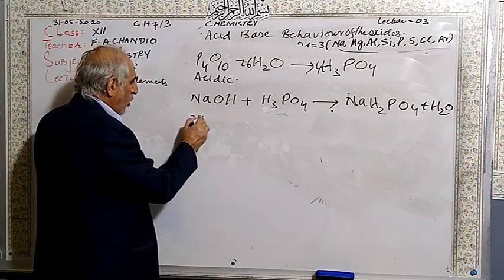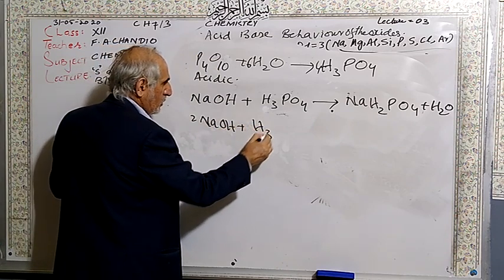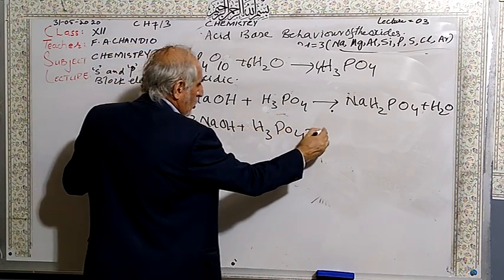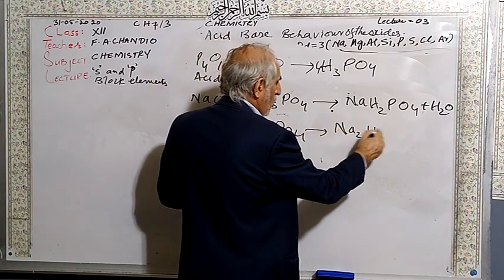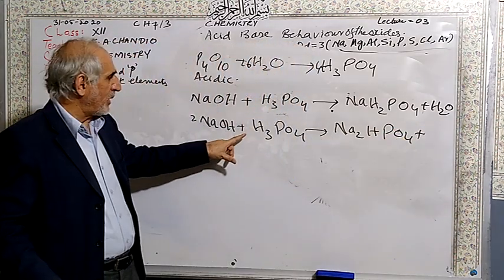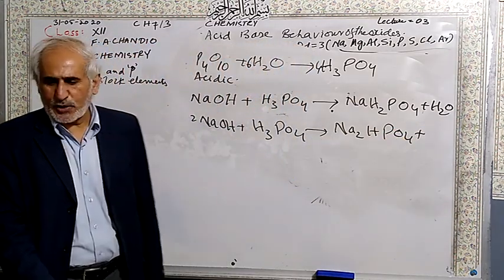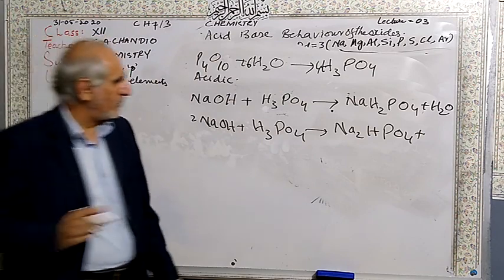If you increase the number of moles of sodium hydroxide, it will give two hydrogen atoms. So this is called disodium hydrogen phosphate.